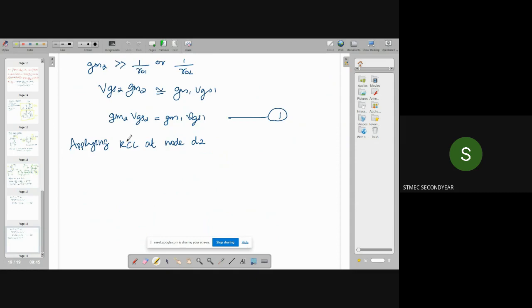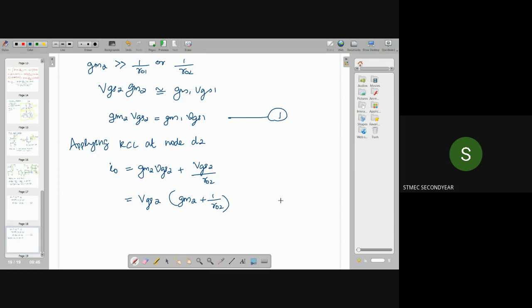So applying KCL at node D2, you obtain the equation: I0, the current entering, is equal to the sum of the currents leaving, that is, GM2 into VGS2 plus the current flowing through R02, VGS2 divided by R02. Now, from this equation, take VGS2 outside. In the bracket, we get GM2 plus 1 by R02, that is, I0 is equal to VGS2 into GM2 plus 1 by R02.